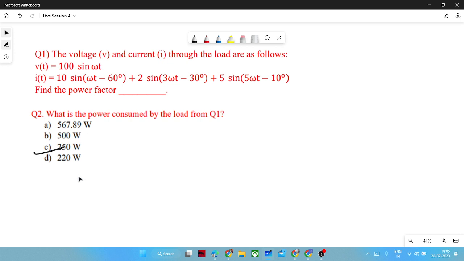Now we need to find out the power factor, and if nothing is mentioned, then you need to compute total power factor, means whatever the power factor that input will see. So on that, let me write.